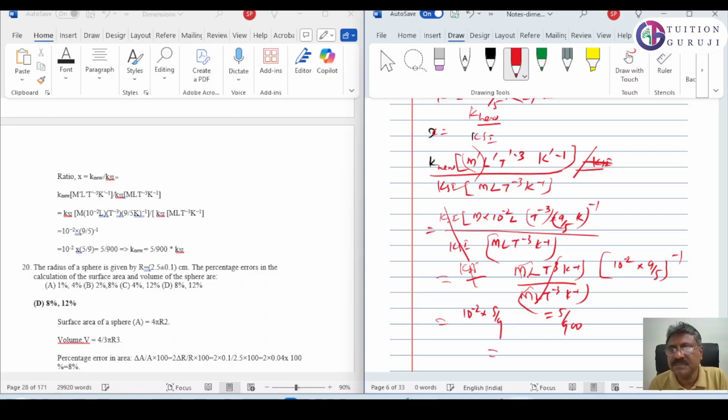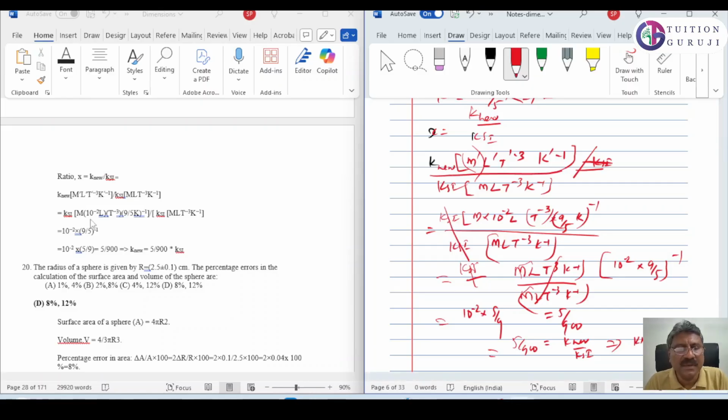Therefore 5 by 900 is equal to K nu by K_SI, which implies K nu is equal to 5 by 900 into K_SI.